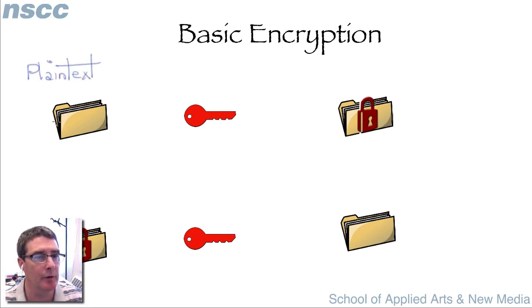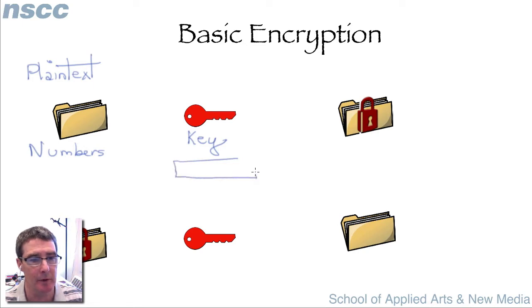And since we're working with computers, all information is basically just a series of numbers. Now we apply some algorithm to these numbers with what we call a key. And a key is just another long number of so many bits. In the system that we're going to show here, this might be a 128 to say 256 bit key.